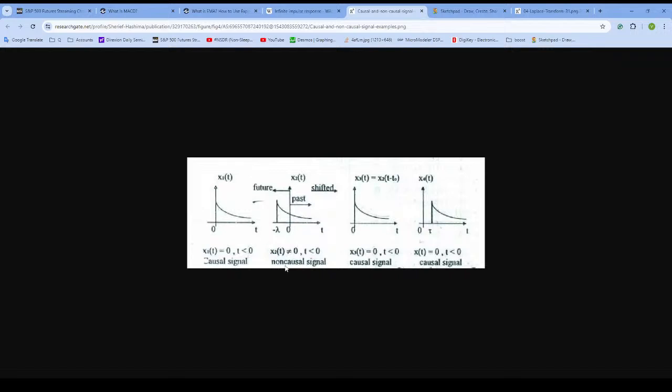Those systems are non-causal. Basically, you have access to both future and past. Like if you have a recorded audio tape and you are in the middle of that audio tape, you have access to the past and future. Yeah, you can go back or go forward because the audio tape is already recorded. But in real-time systems, all of them are causal systems.